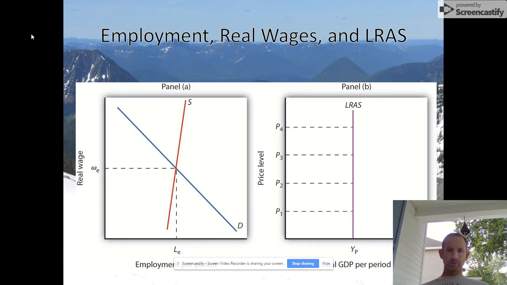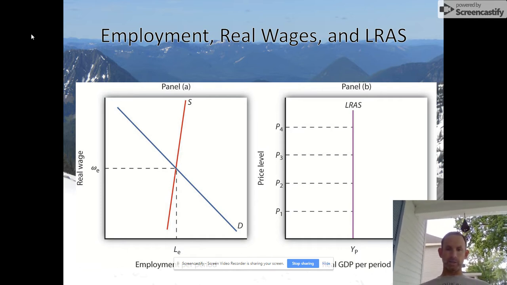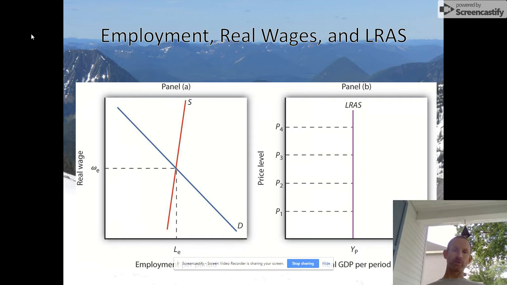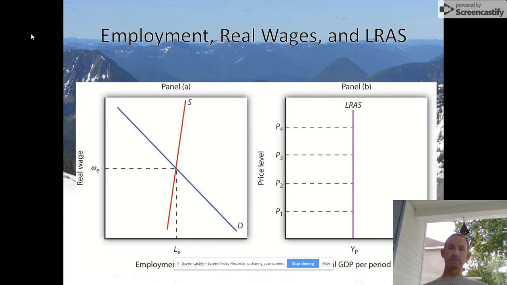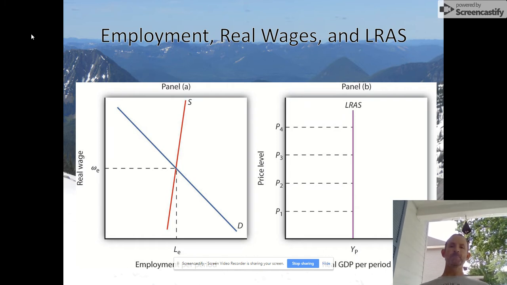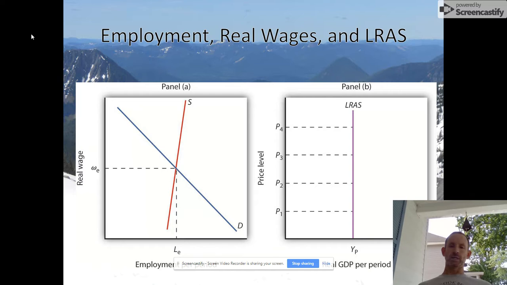So what this is showing you is that there are many price levels on the graph on the right. That's long run aggregate supply. So P1, P2, P3, P4. Those are many different price levels, which can all leave us at the same level of real GDP. What does that really mean?